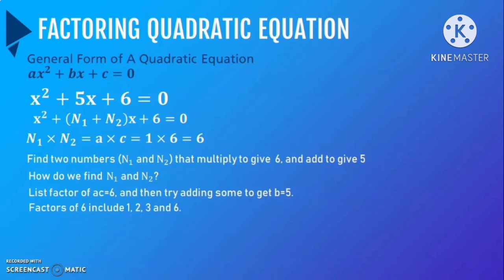Factors of 6 include 1, 2, 3, and 6. Then select two numbers, for example 2 and 3. 2 plus 3 is equal to 5 and 2 times 3 is equal to 6. So n1 equals 2 and n2 equals 3.